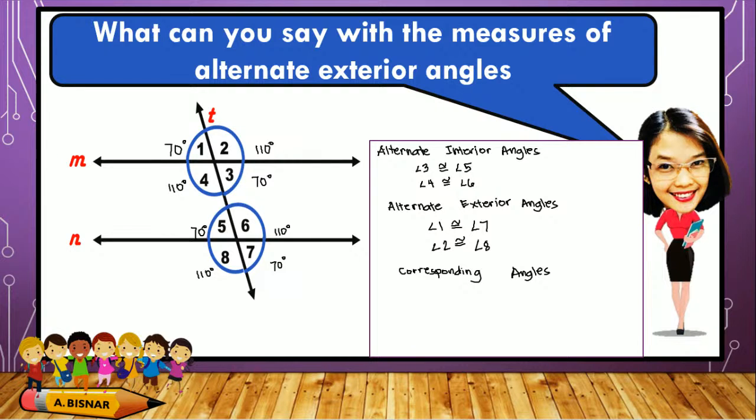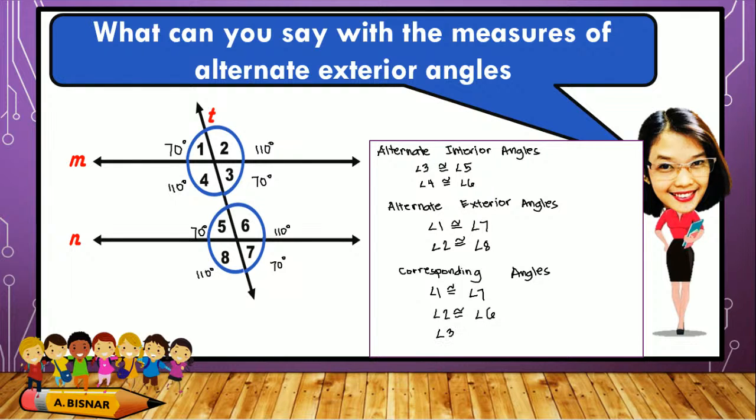Okay, they are also congruent. So what are those pairs? Angle 1 is congruent to angle 7. They are both 70. Angle 2 is congruent to angle 6. They are both 110.